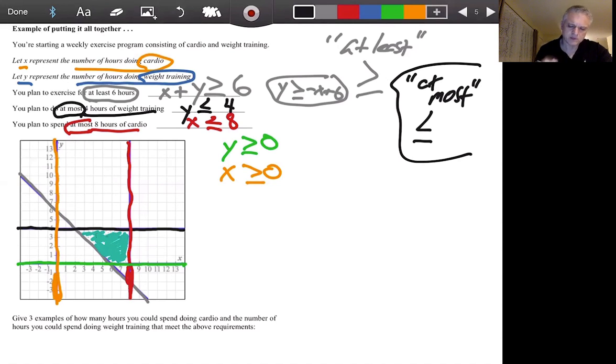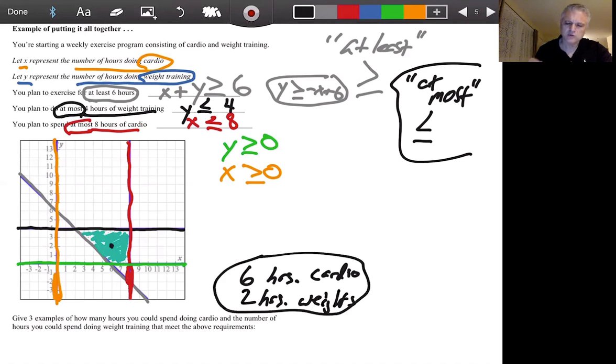Okay, so let's pick a point that's right like in the middle of it. So that is the point 6, 2. Okay, 6, 2. So 6 is my x, so that means I could go 6 hours of cardio and 2 hours of weight training.